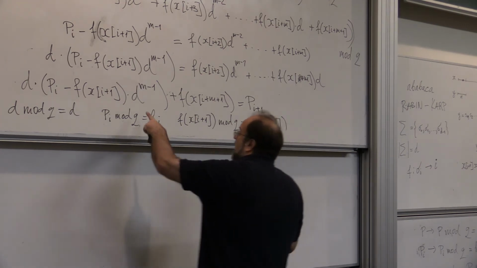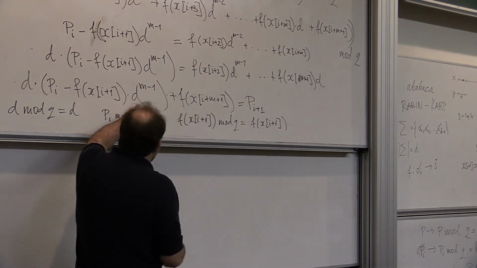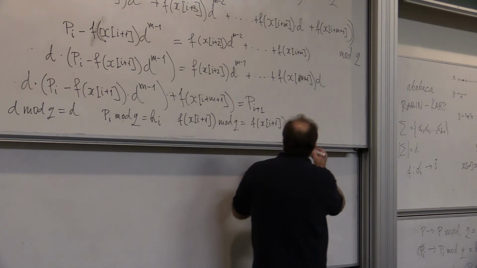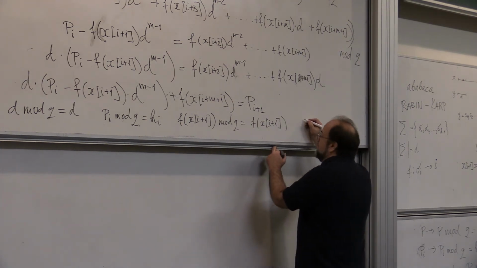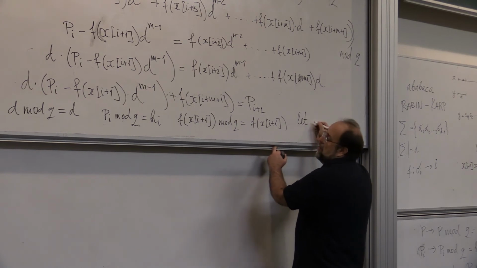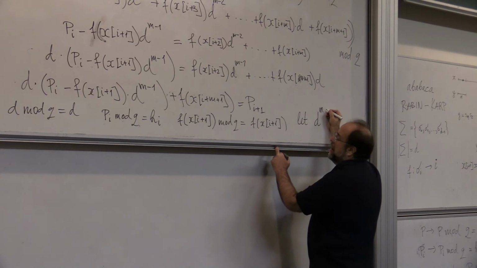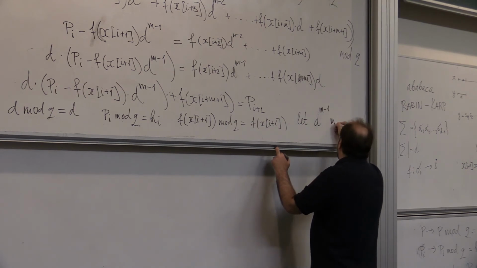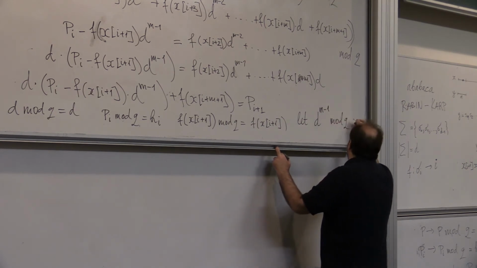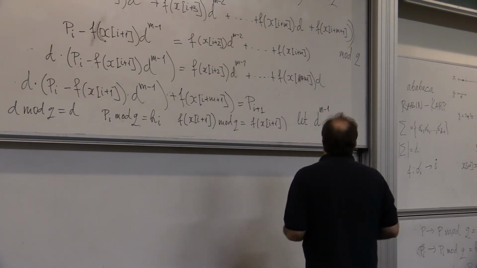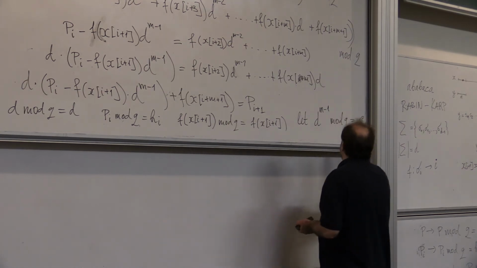And now we have to compute d to the n minus 1 mod q, and this is where the main saving comes. So let d to the power m minus 1 mod q be equal to some c.